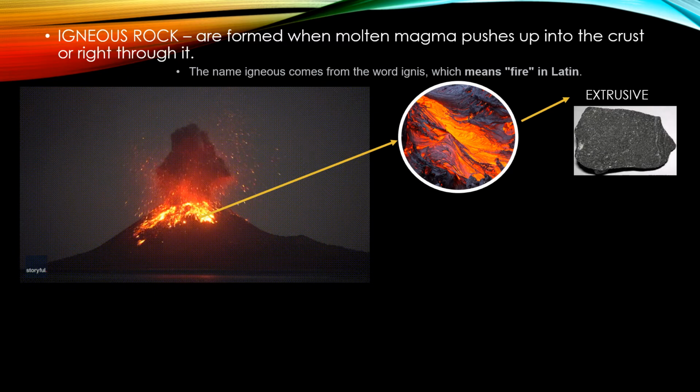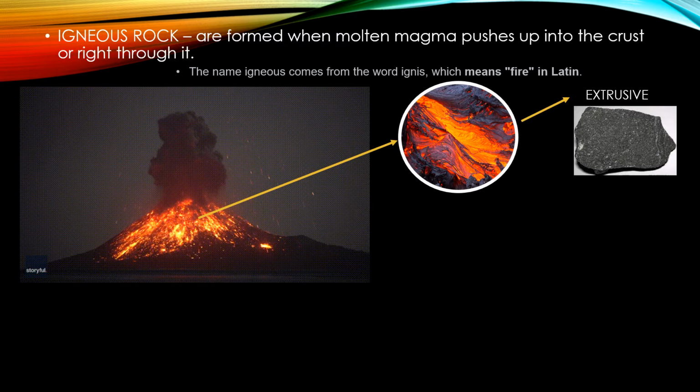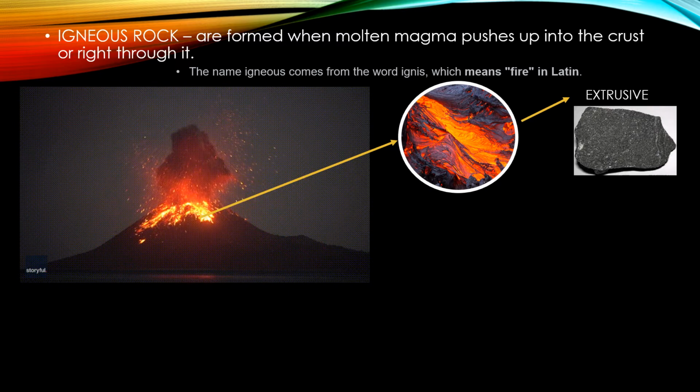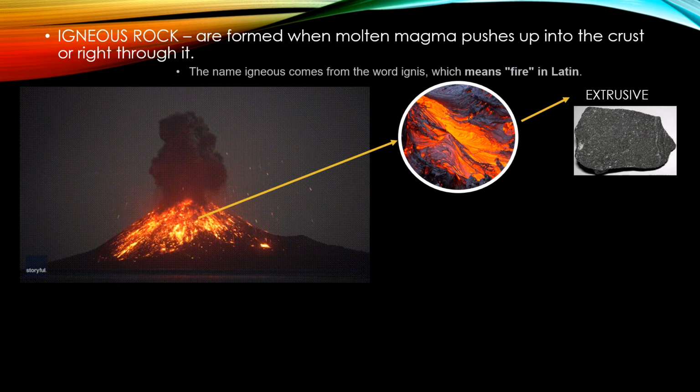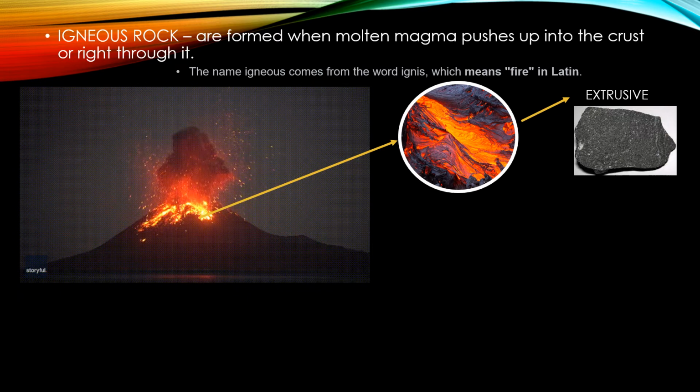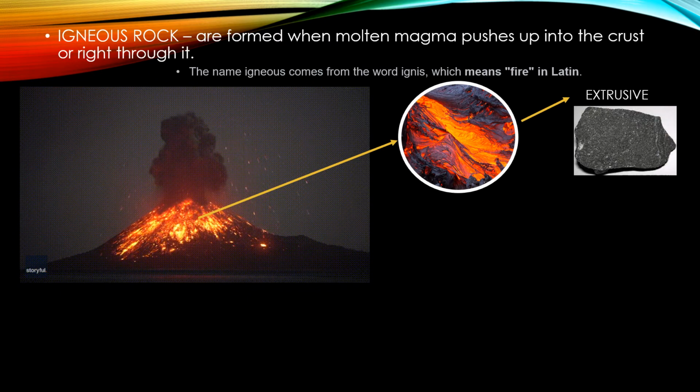Basalt is one type of material used in making streets in the highway. Asphalt, that is basalt.